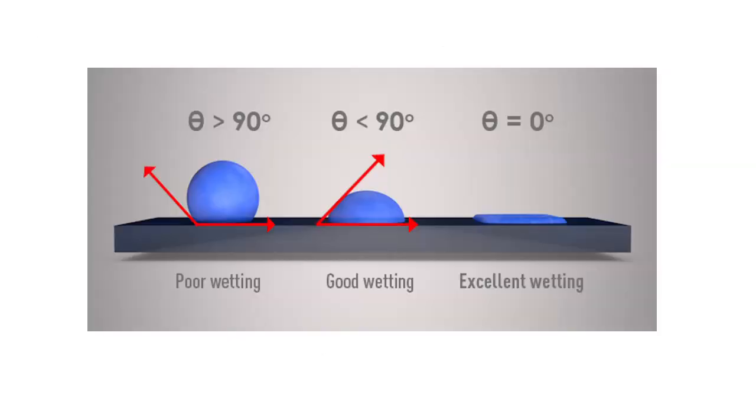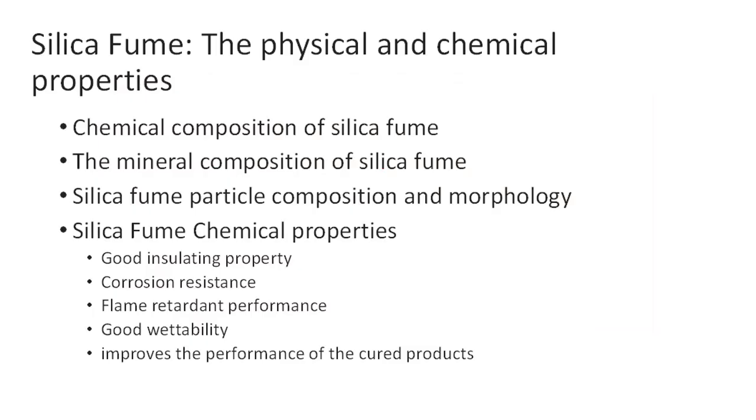Fourth, improved wettability in mixing. When treated with a silane coupling agent, silica fume exhibits excellent wettability with various resins. This improves its dispersion and prevents the agglomeration of particles during mixing, making it easier to incorporate into the formulations.